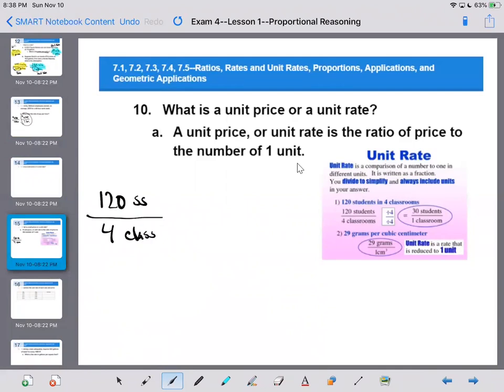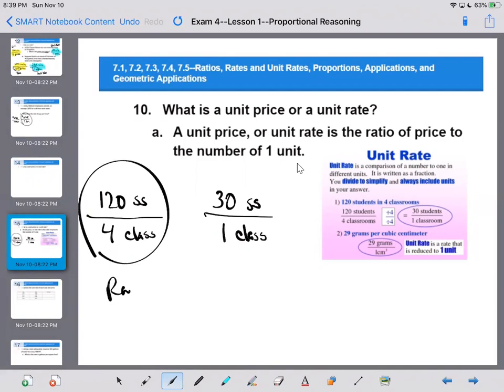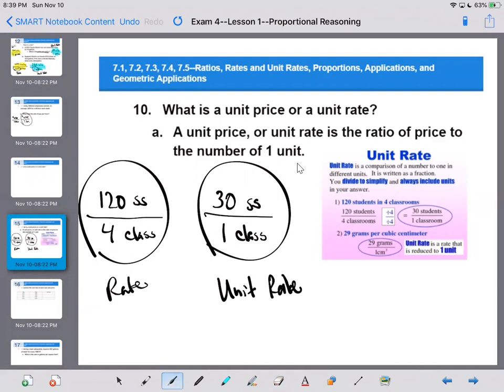Well, what would that simplify to be? That would simplify to 30 students in 1 classroom. Well, this is a general rate, and this is your unit rate, because it is simplified down to where the denominator is 1.